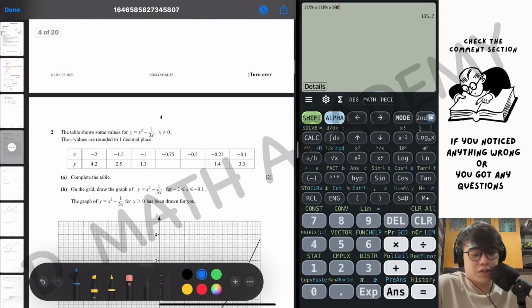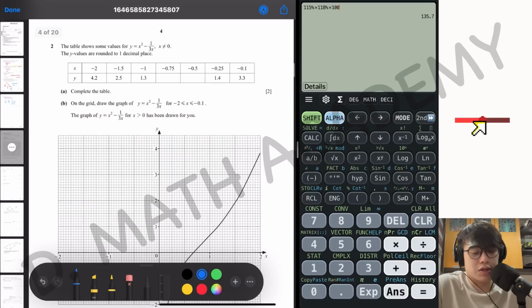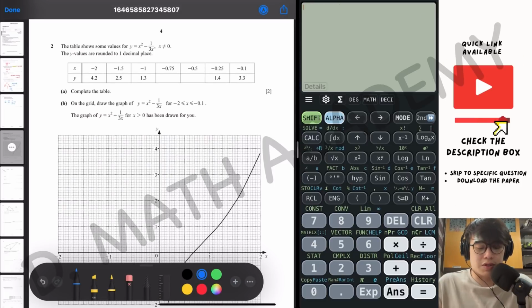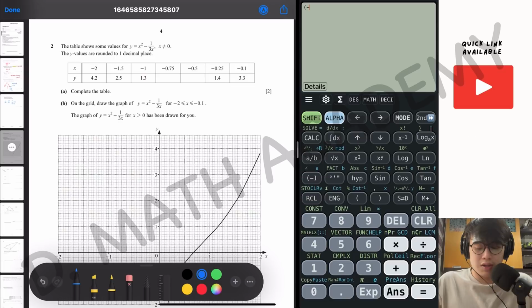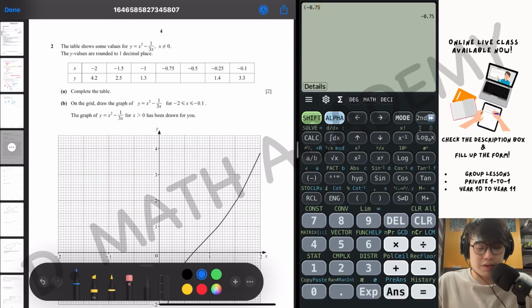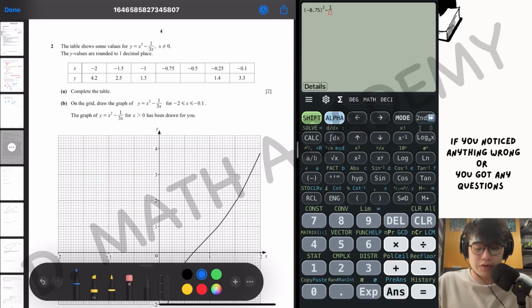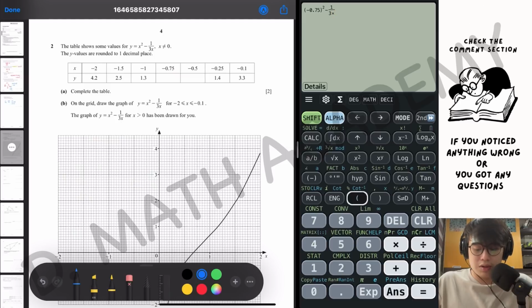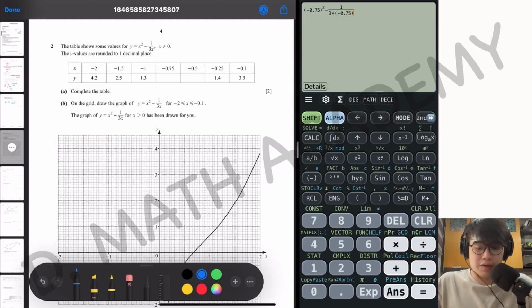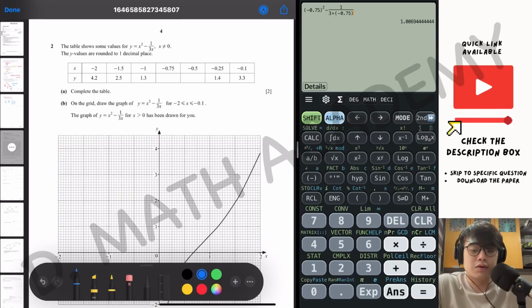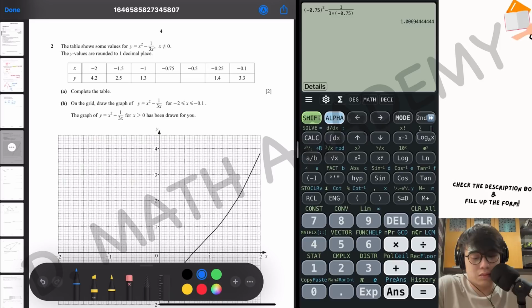Moving on to section 2, they ask us to illustrate it by substituting the values correctly. So negative 0.75 squared minus 1 over 3, negative 0.75. So through this calculation here, you will get your result as 1.